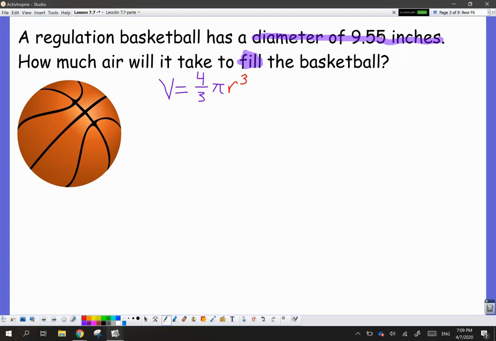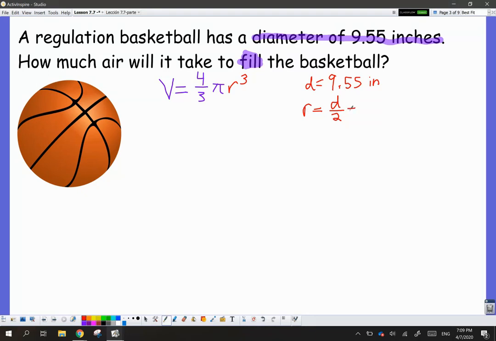We're given the diameter. So we know that the diameter is 9.55 inches. But remember that if I divide the diameter by 2, that'll give me the radius.